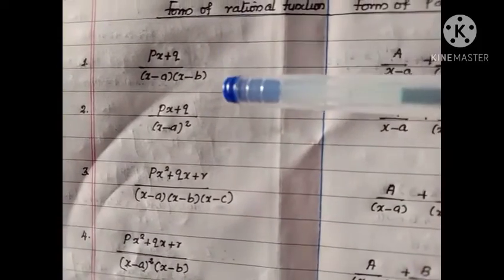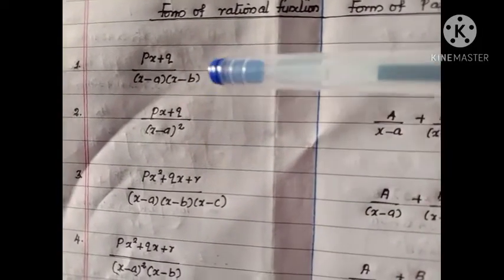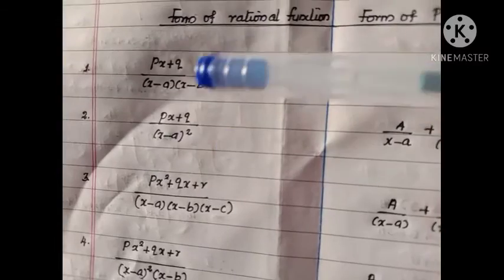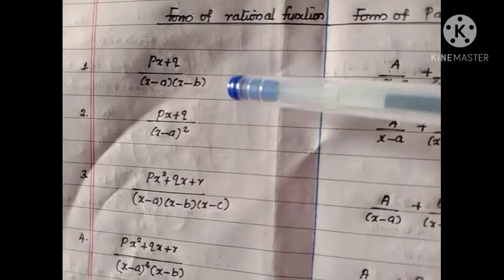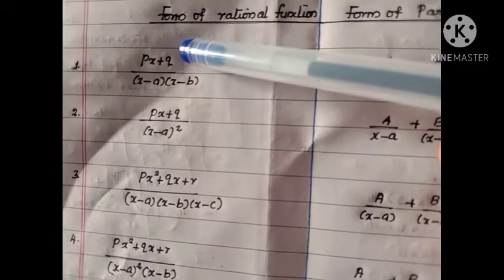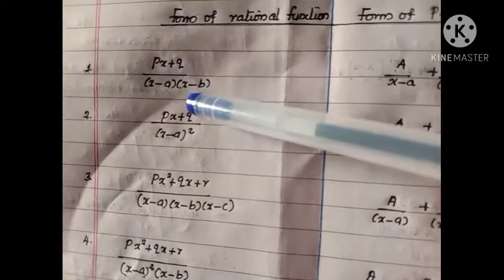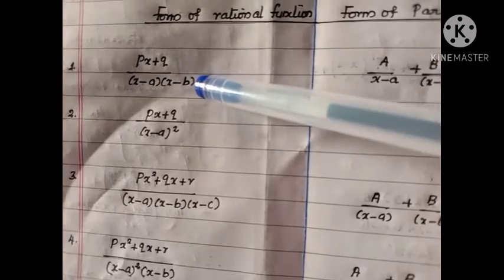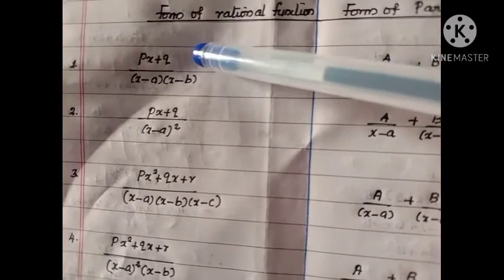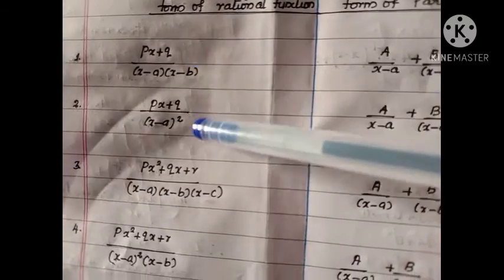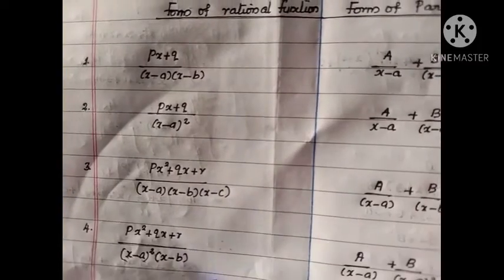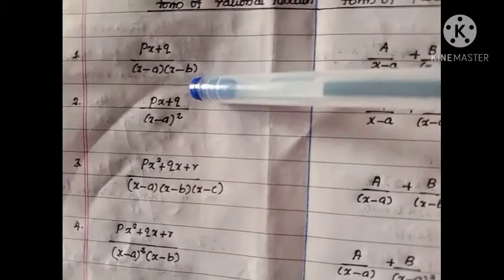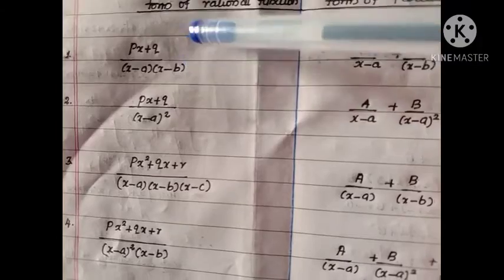Otherwise, in the case of an improper fraction, if the degree of numerator is greater than the degree of denominator, then first we need to convert that into a proper fraction by long division method. Through the examples we can see how to convert improper fractions into proper fractions.